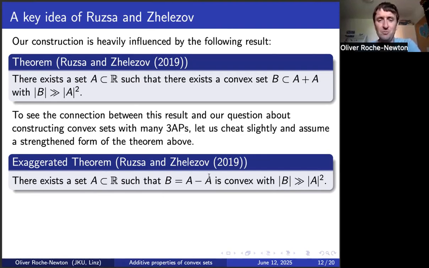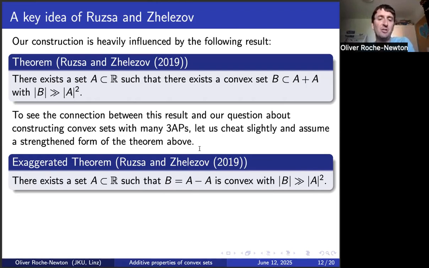The main thing is that instead of B being a dense subset, B is actually just going to be equal to the whole thing. And I've made another small change, just for technical convenience: I changed this plus to a minus. We might think, well, plus and minus, it's additive structure in both cases, so morally it doesn't change much.